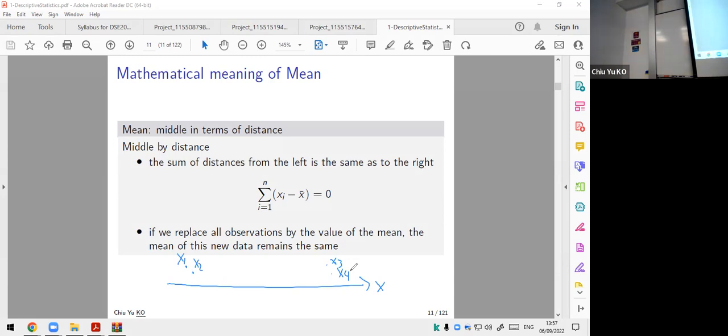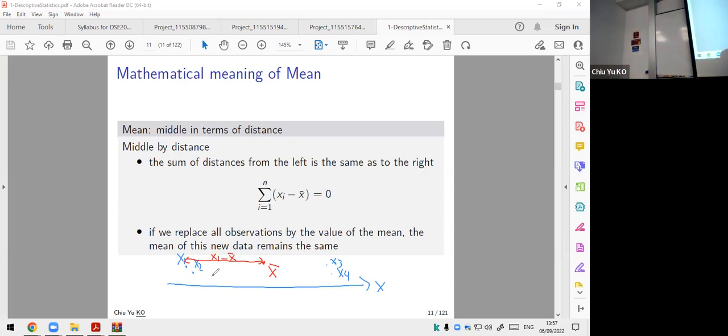The mean here just means the following. The mean is an exact location, the location such that the distance on the left... maybe I do it in this way. Suppose this is the mean here, and this distance is x1 minus x bar, or x bar minus x1, the absolute value.